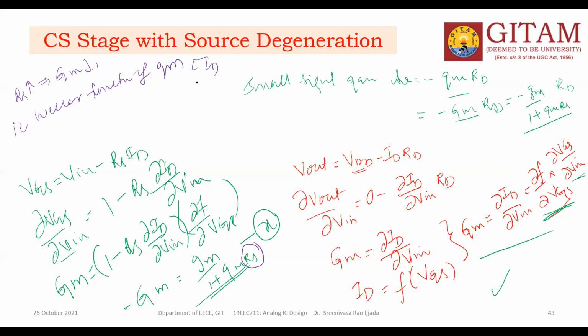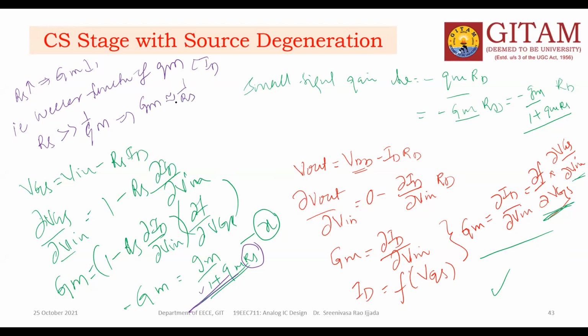And one more thing. Suppose you use RS far greater than 1 by gm. This equation I can write as an approximation. So 1 can be negligible here. Then gm gets cancelled, so your capital Gm is approximately equal to 1 by RS only.